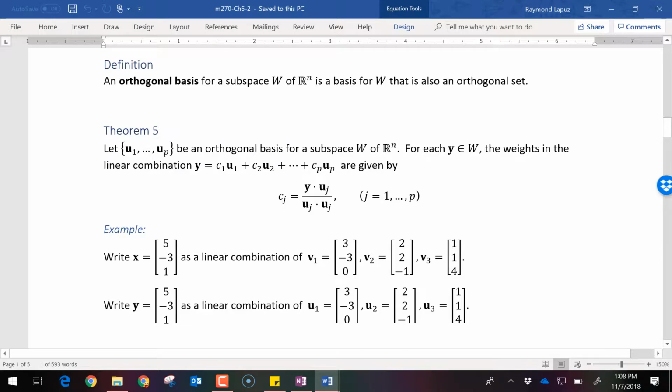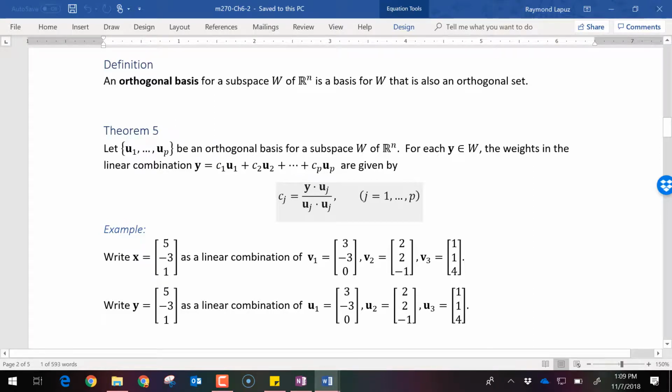All right, orthogonal basis. If you have a basis for a subspace and they happen to be perpendicular to each other, then it's called an orthogonal basis. So this is the theorem. If you have an orthogonal basis for a subspace W, then any vector in that subspace can be written as a linear combination of those basis vectors. But not only that, they gave us a formula to figure out what each of those weights is equal to.